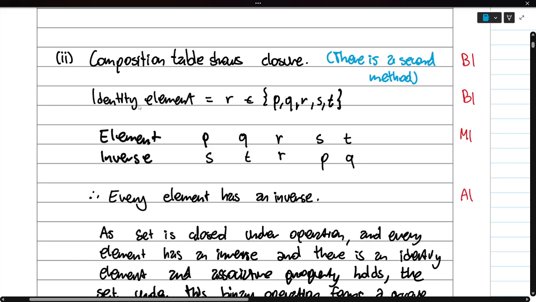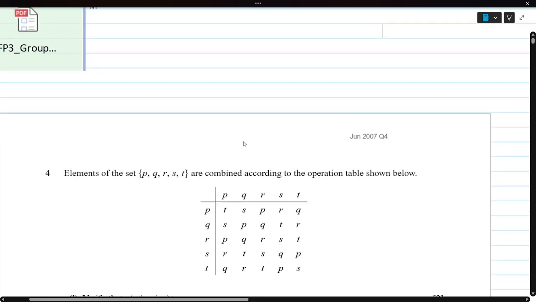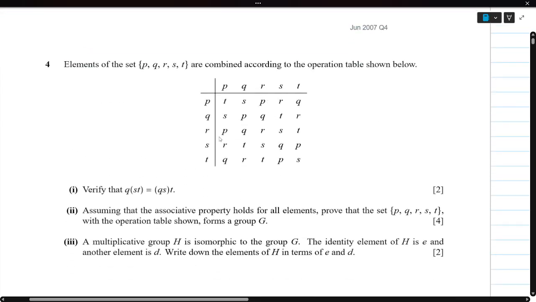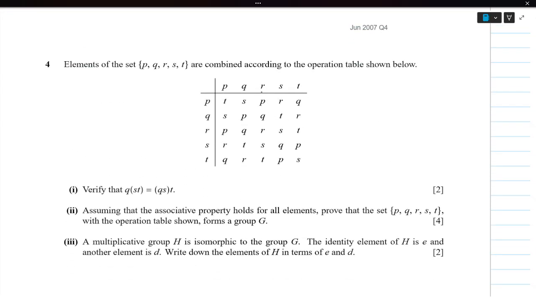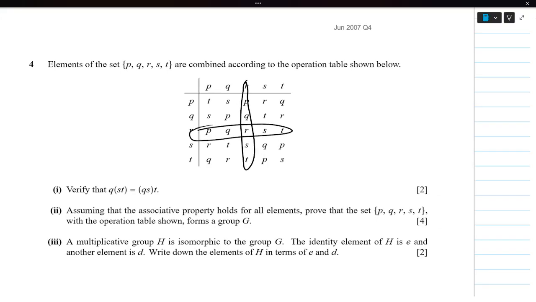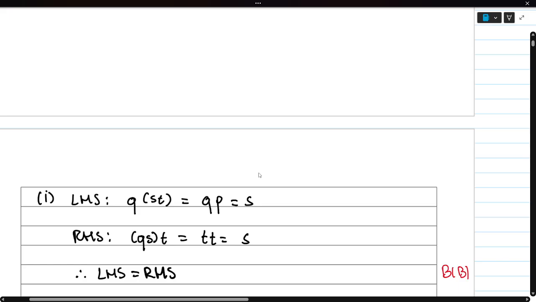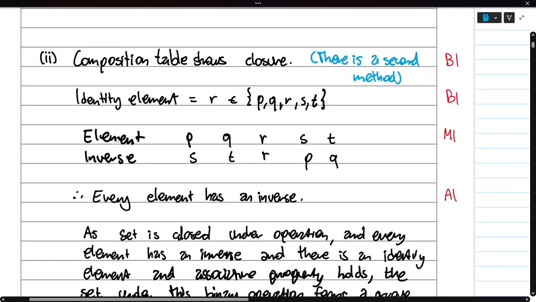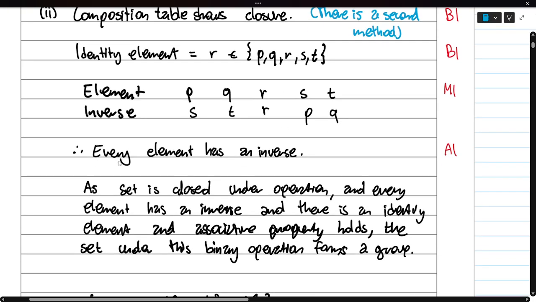There is an identity element, which is R. You can see that this row and this row is left preserved. Now, to show inverses, what I did was list out all the elements and then write down the inverses, which is fine.